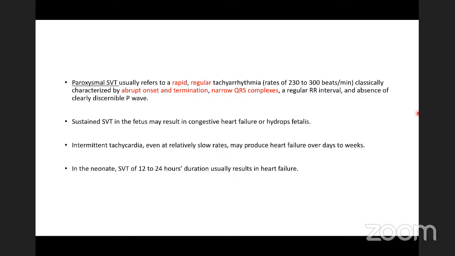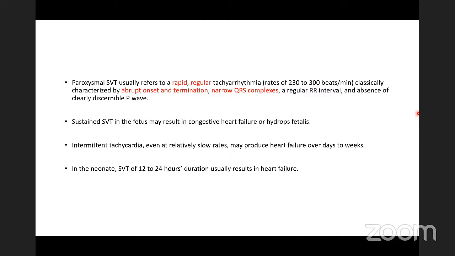There are certain types of SVT like ectopic atrial tachycardia or PJRT, permanent junctional reciprocating tachycardia, whose rates are a bit lower than the normal SVTs, like 150, 160. And that's the reason they are not diagnosed most of the times.